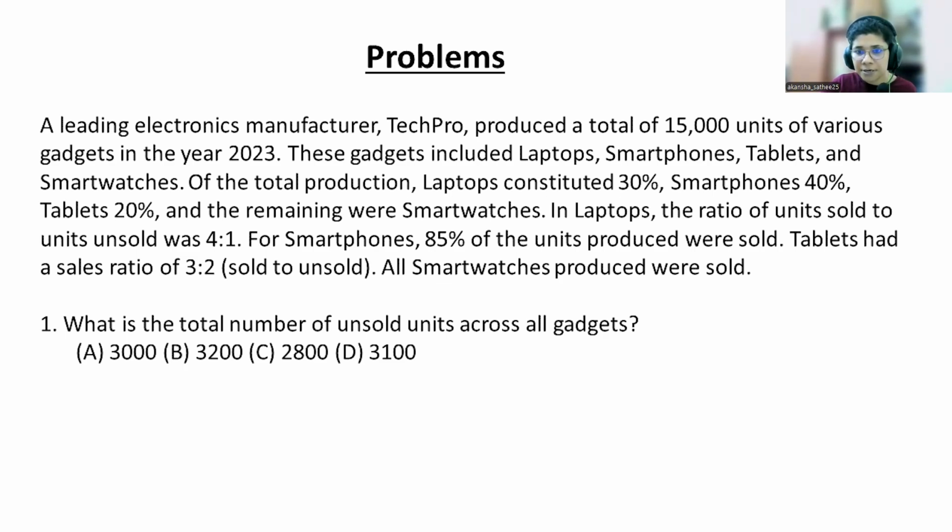If you add them up, 9 plus 9 is 18, plus 2 is 20, so it is 3,000. So option A is correct. So basically what they are saying is total units produced is 15,000. Out of 15,000, 3,000 units are unsold.